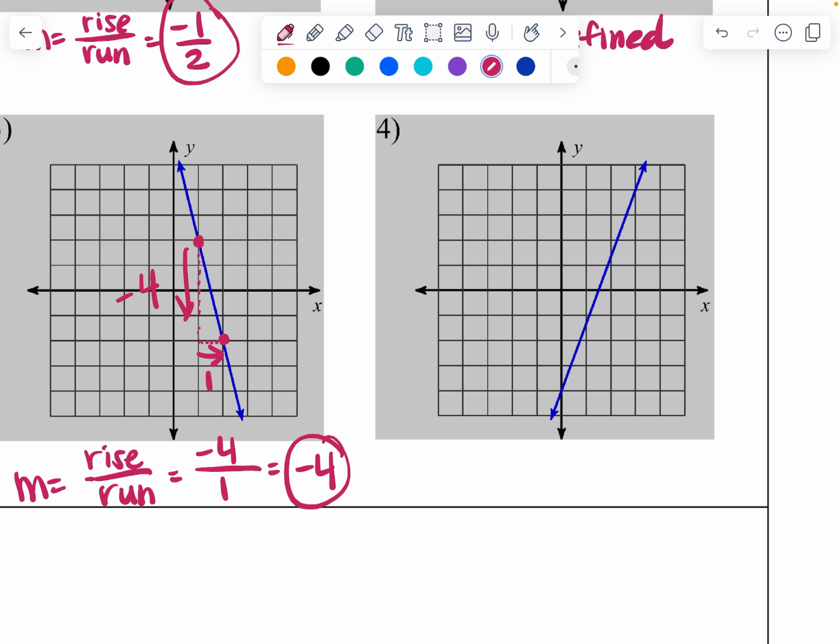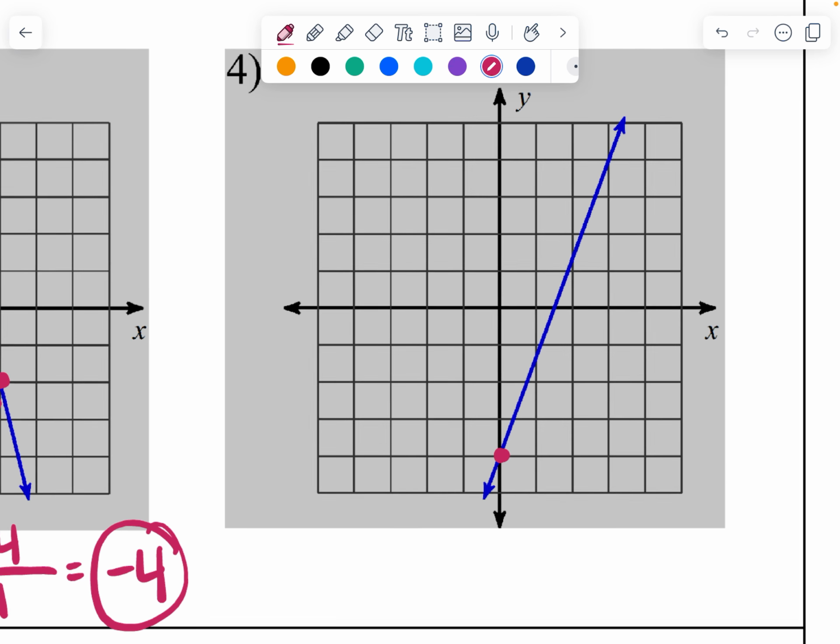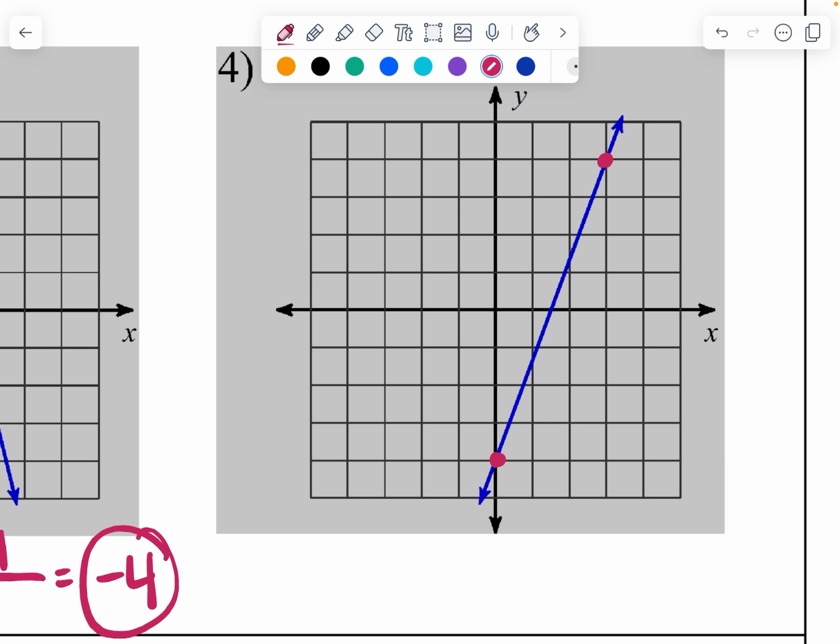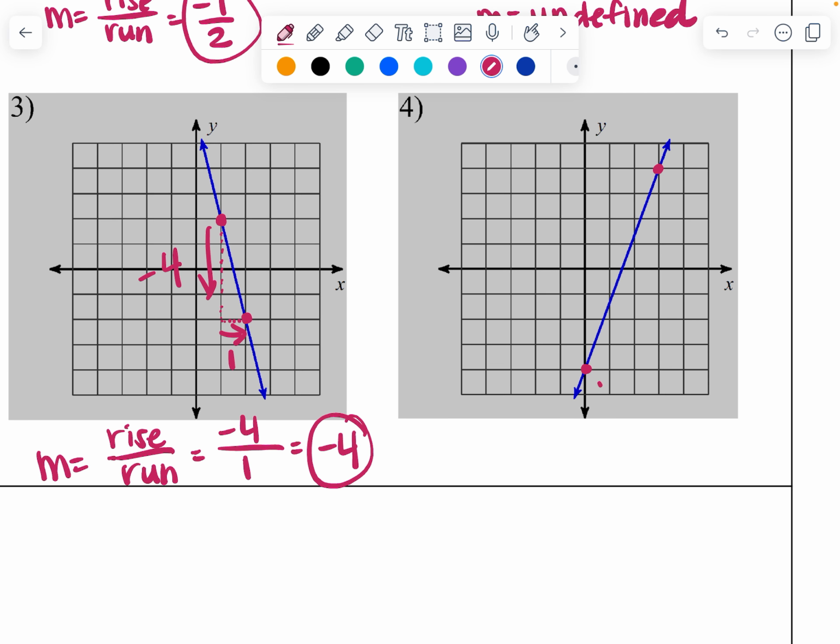Number 4. Again, I'm going to find 2 points that'll go through the perfect corner of a square. And I can see 1 point here. And I don't see it go through the very perfect corner until it gets way up here. So if I start with the point on the left, which is this one, and I do my rise first because that's my top number, I have to go up 1, 2, 3, 4, 5, 6, 7, 8 boxes.